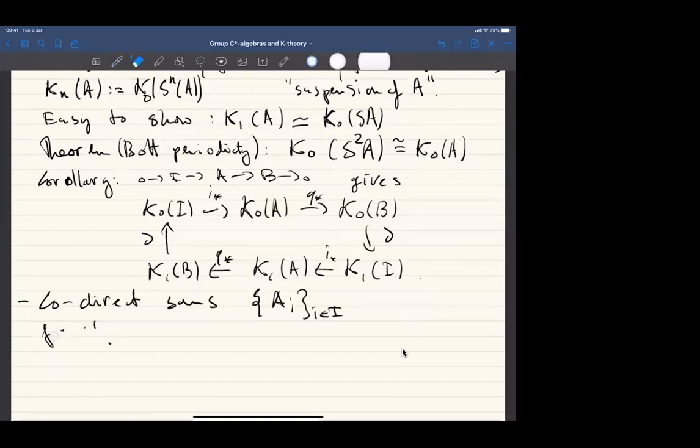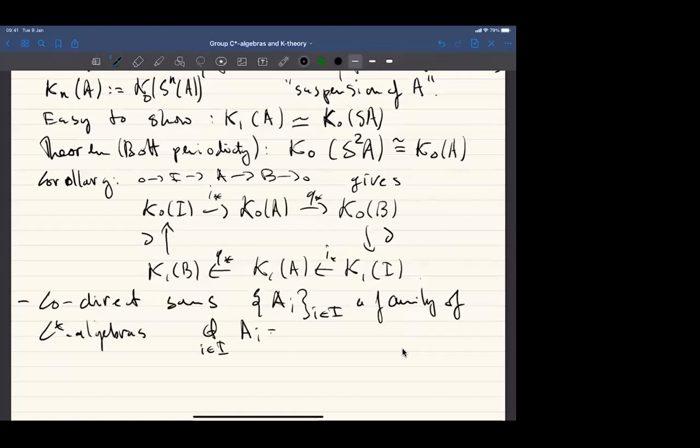Let's say a family of C-star algebras, then we can take the direct sum, which would be functions from the index set to the disjoint union such that F_i is in A_i.